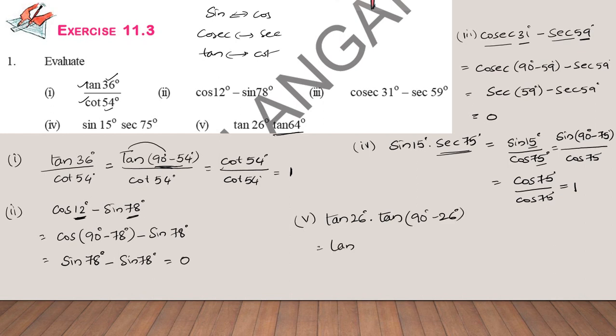Now tan 26 degrees into, tan of 90 minus theta I can write as cot theta, so cot 26 degrees. So tan theta into cot theta, already you know that since tan and cot are reciprocal to each other, when you multiply it will give you the value as 1, right? So these are nothing but the values which we get by applying the complementary conditions.